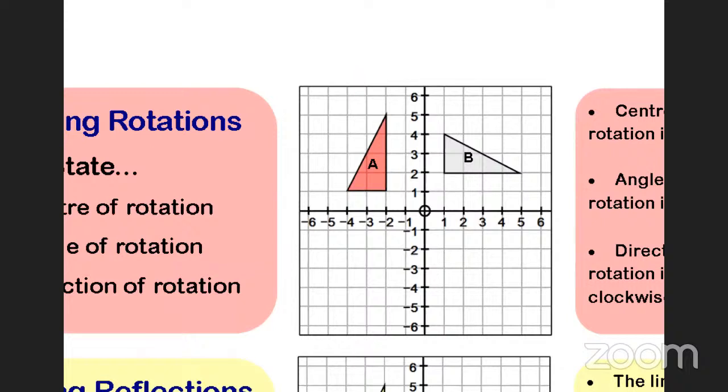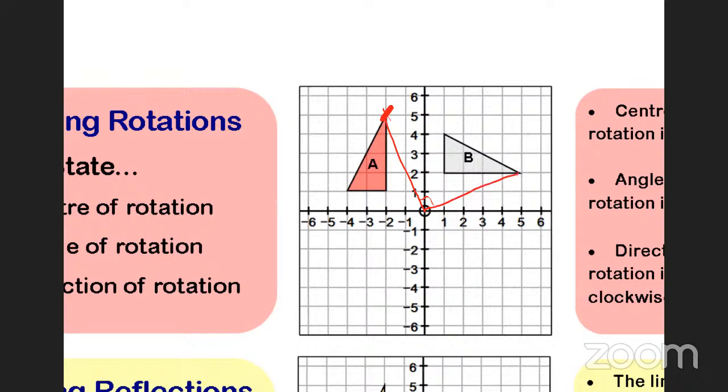Suppose I wanted to rotate here. Draw a line from there to the center. Measure 90 degrees and then draw a line of equal length. And it will meet right there.